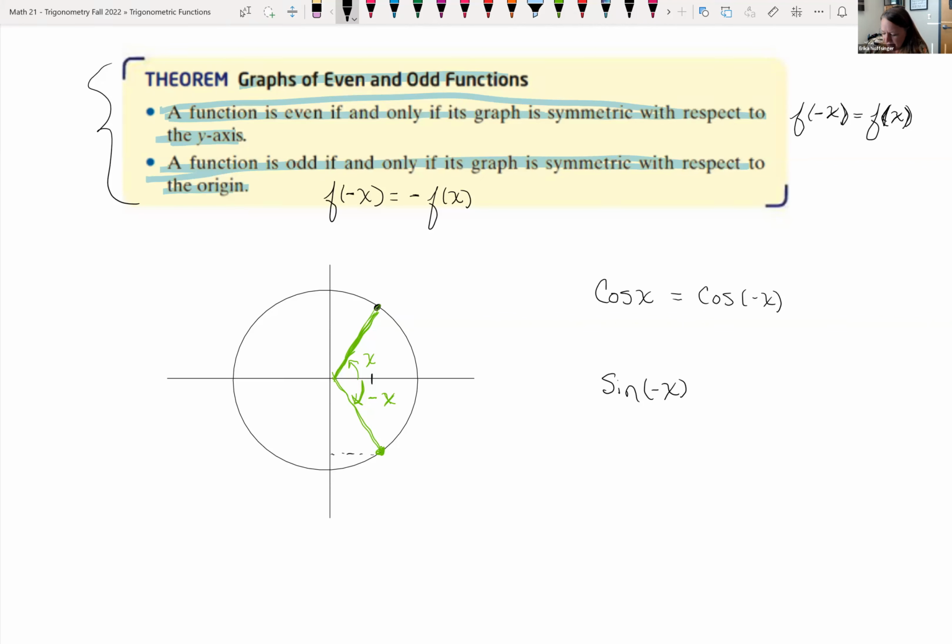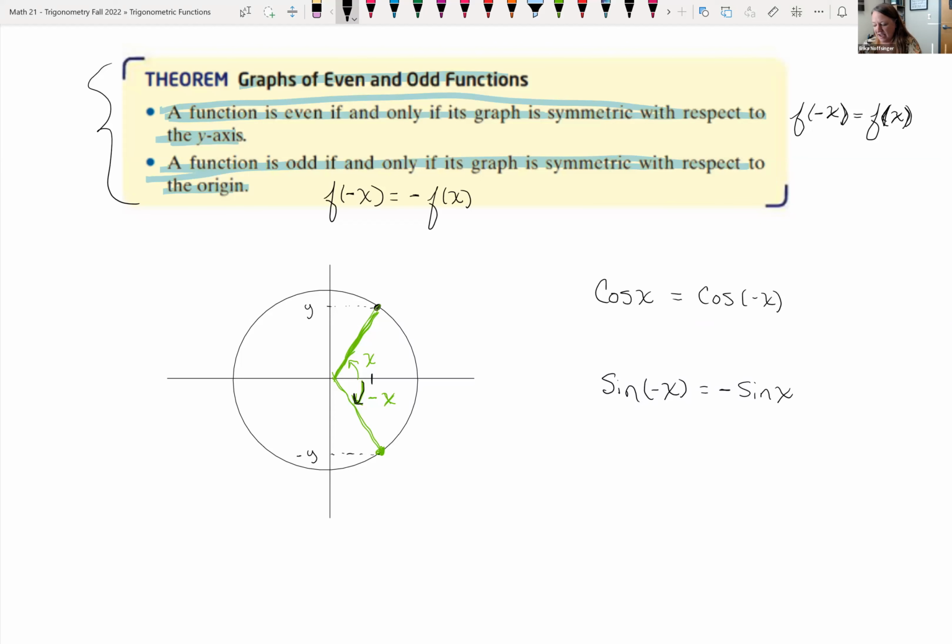So notice our y value going negative x this direction is different than our y value up here. So that is changing the sign. This is the same thing as negative sine of x.